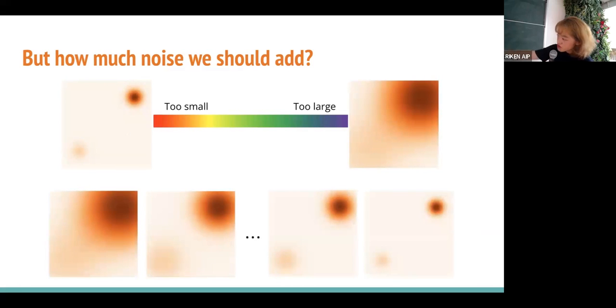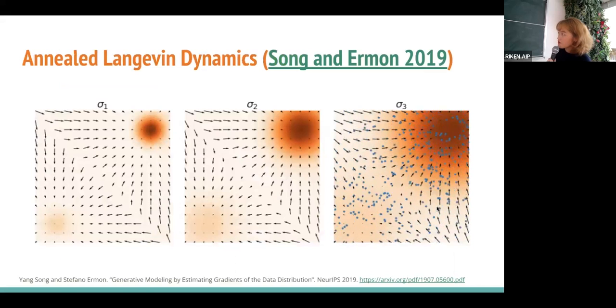So what people do is they first perturb very largely. And as you take the gradient steps, you try to reduce the noise that you're adding. Once you are more certain about where you're going, once you know that you're in the high density region of the data, then you'll be more concentrated on where you sample from.